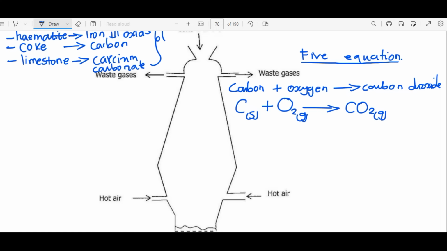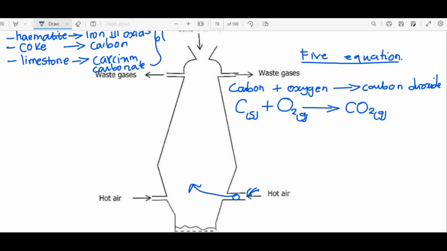And the importance of this hot air: it just means that it's the oxygen that will react with the carbon, which is the coke. So as we insert the charge that has carbon in it, the carbon will react with the oxygen to give us carbon dioxide.